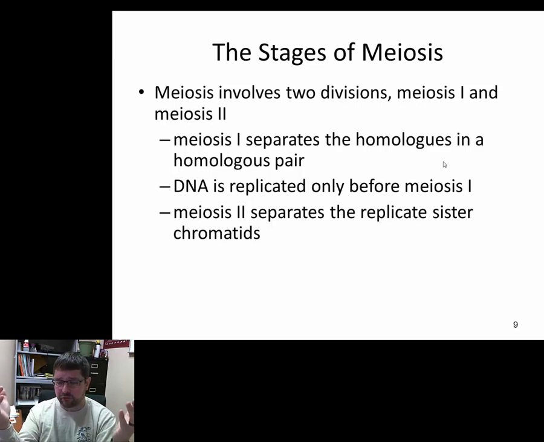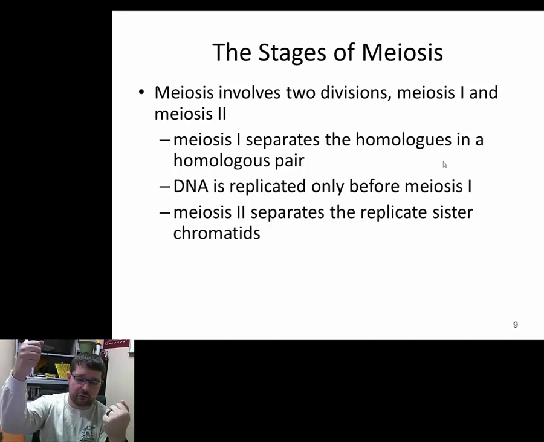After the homologs are separated, then in meiosis 2, those sister chromatids are separated. So it's a reduction division. You're not just separating the sister chromatids. That's what happens in mitosis. In meiosis, you're separating homologs. So you either get dad's chromosome number 1 or mom's chromosome number 1.